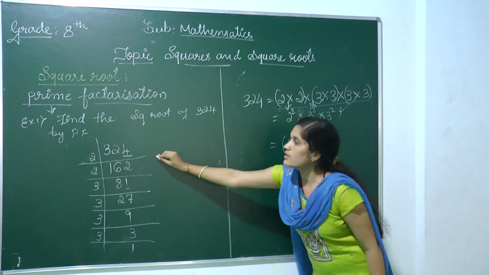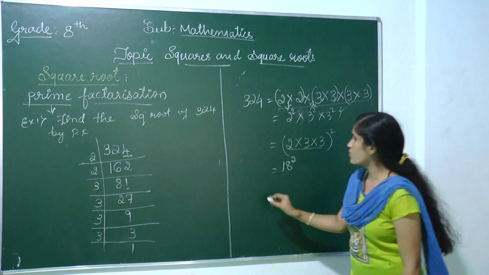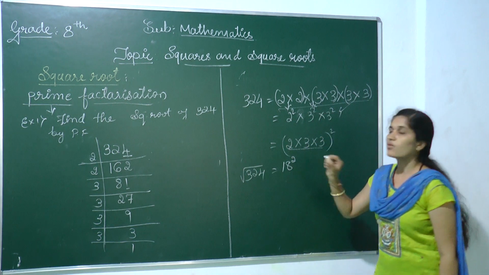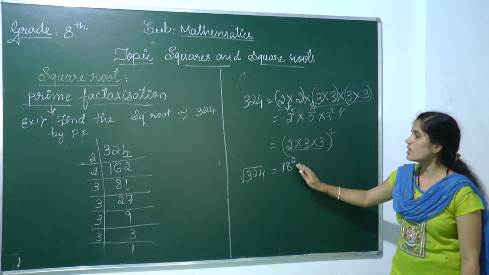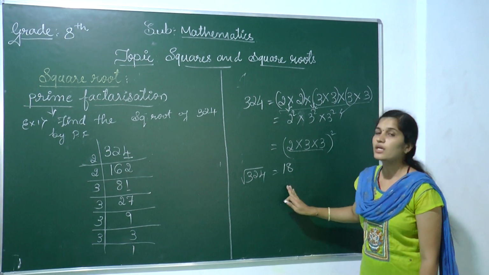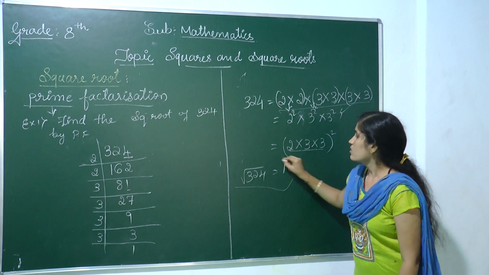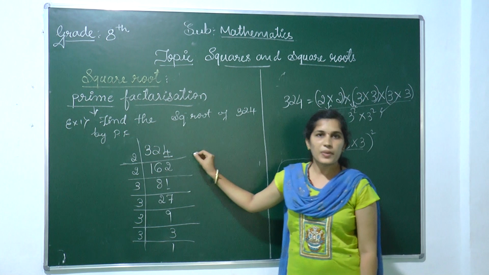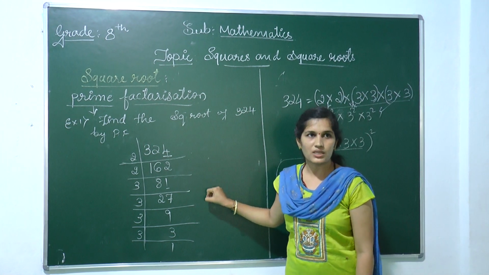So we get the square root of 324. That is, the square root of 324 is equal to 18. Okay, the square root of 324 is equal to 18. So like this we can find the square root of a given number by the prime factorization method.